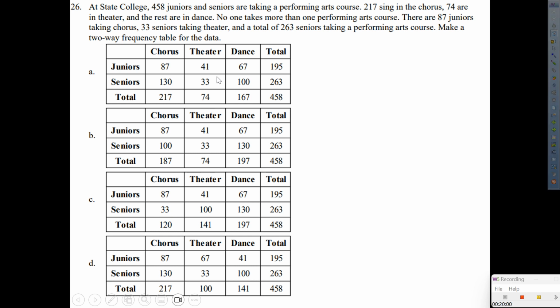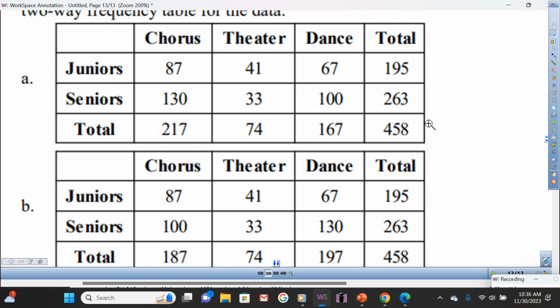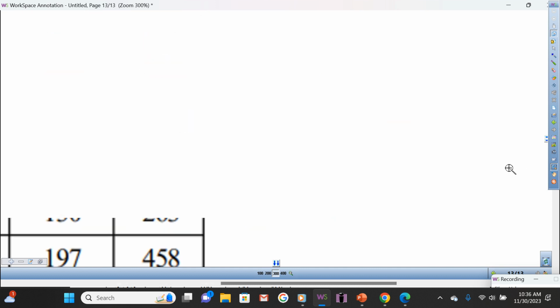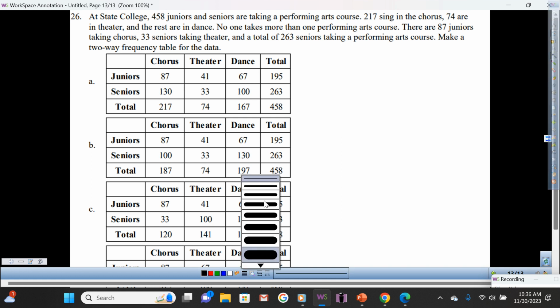So do me a favor for number 26, copy one of these tables, but without the numbers. This is number 26, and I'll read the problem as soon as you copy that. So copy this table on the side without the numbers. If you want to shorthand it, that's fine.